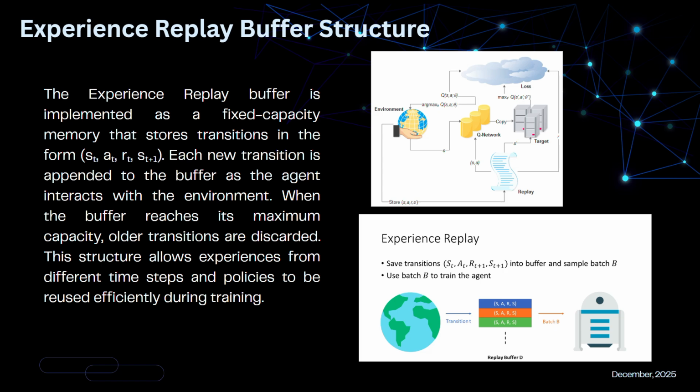Each new transition is appended to the buffer as the agent interacts with the environment. When the buffer reaches its maximum capacity, older transitions are discarded. This structure allows experiences from different time steps and policies to be reused efficiently during training.